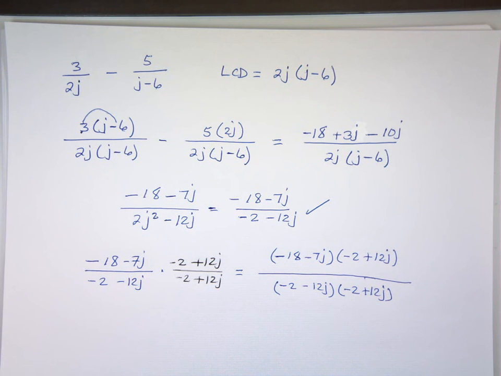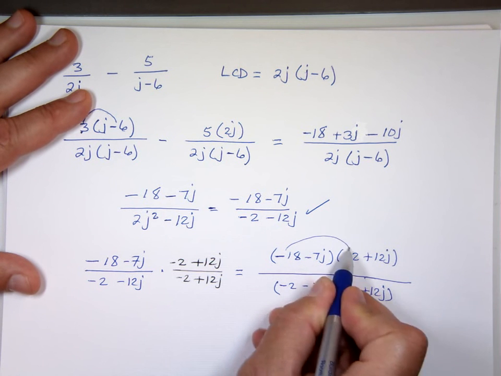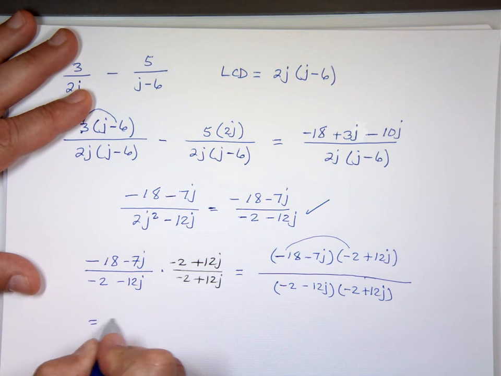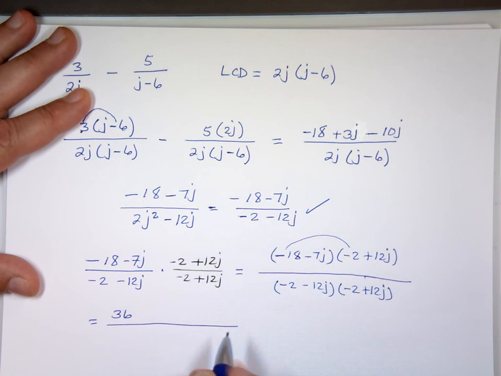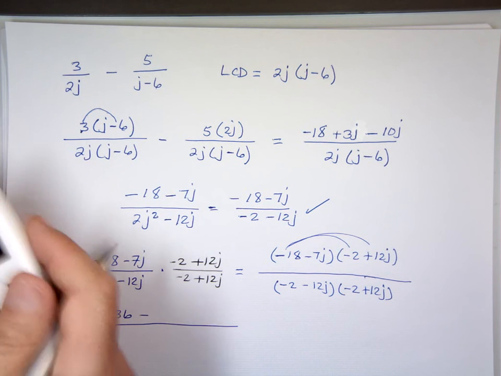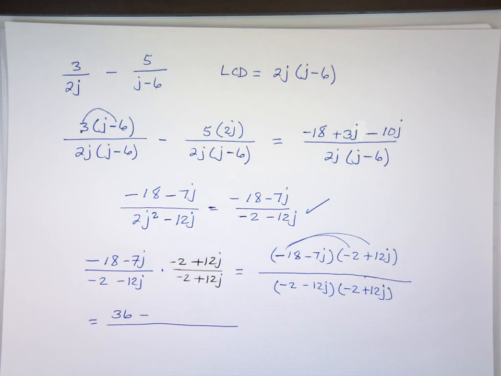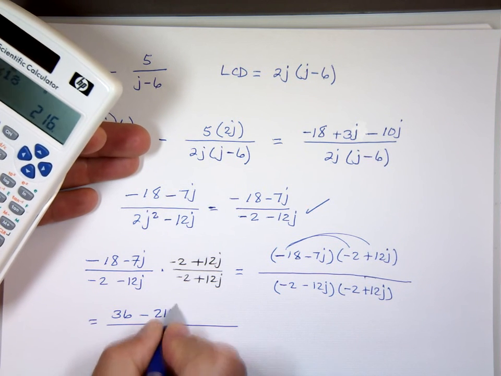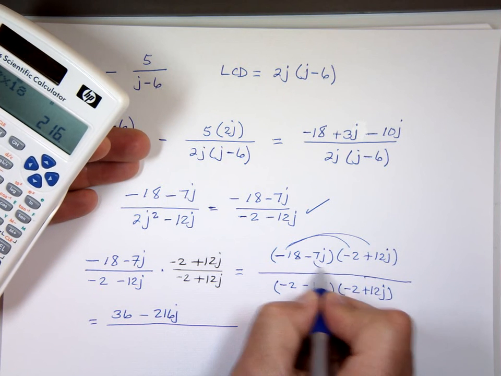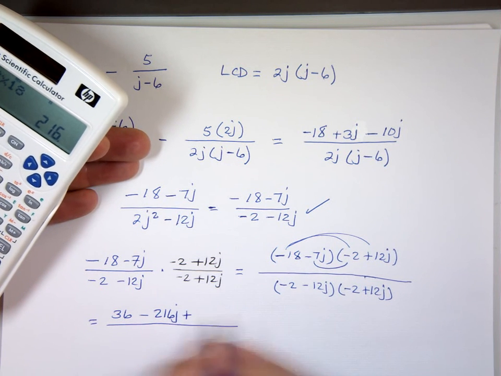Probably need a calculator for this. Let's see. What is that equal to? Positive 36. That's a negative some big number, 12 times 18. 216j plus 14j.